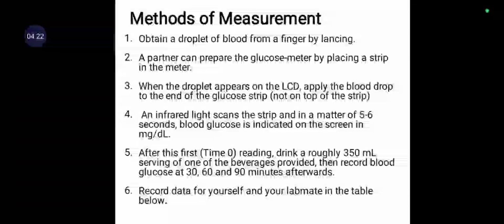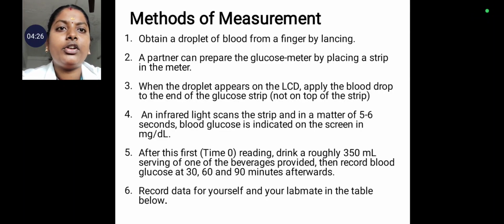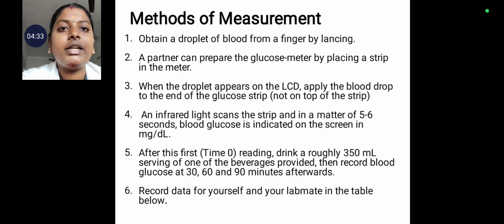And methods of measurement. We take a droplet of blood from the finger, and the partner can prepare the glucose meter by placing a strip in the meter, and in the LCD the value appears, and an infrared light scans the strip in a matter of 5 to 6 seconds, and then the digital value is displayed on the screen, where it is maintained as mg per deciliter.